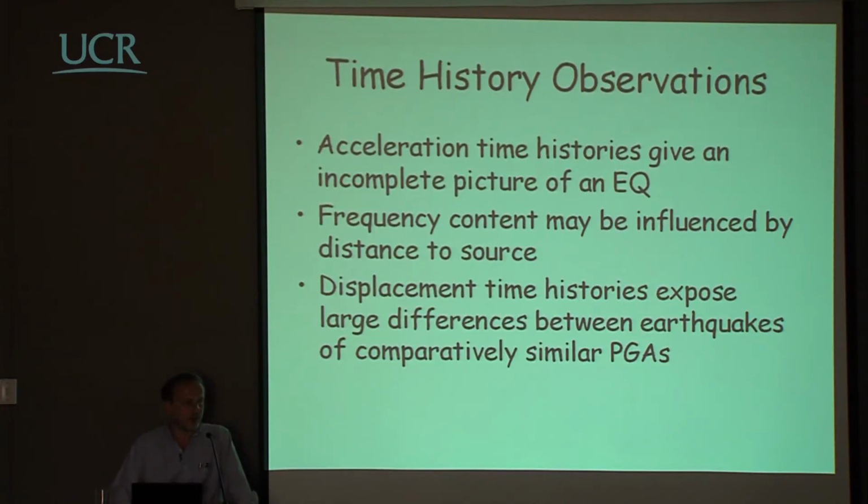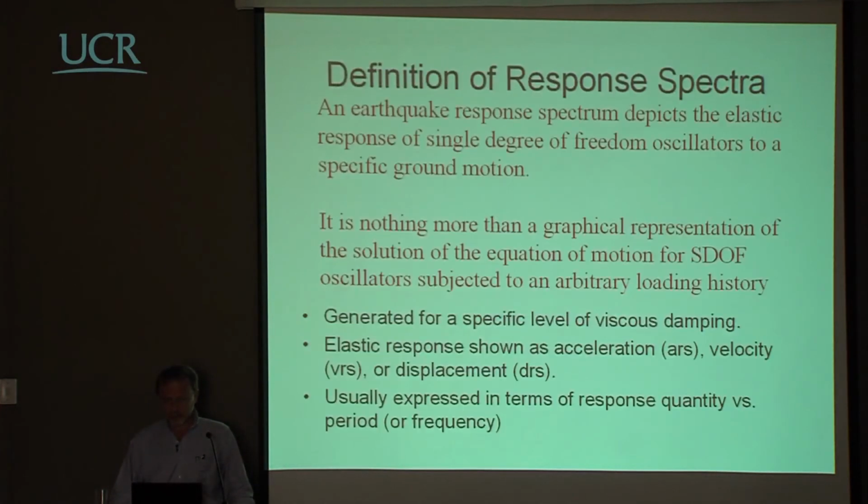I don't care too much. But the distance to the fault is a crucial point. And the third point is that displacement time histories expose large differences between earthquakes with comparatively similar peak ground acceleration.